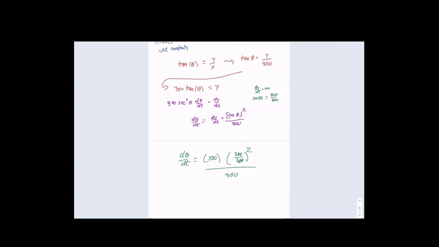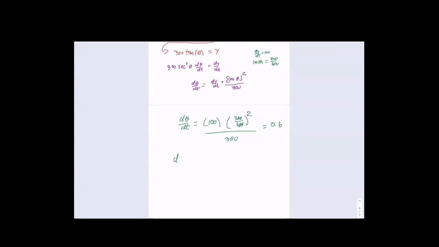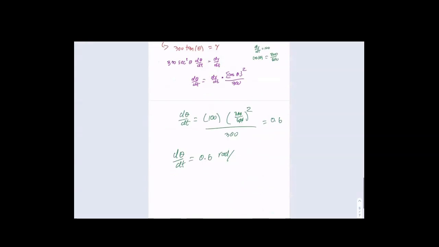Those all cancel each other out. So that's 9/5 divided by 3, which is 3/5, which is 0.6. So d theta/dt is 0.6 radians per second.